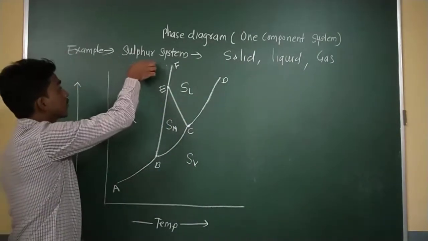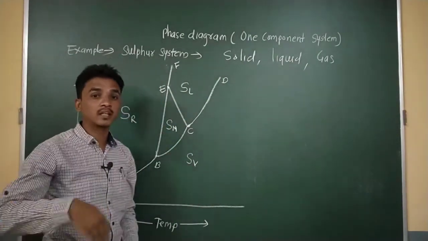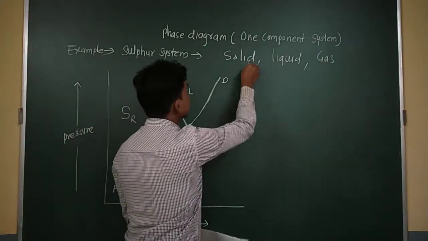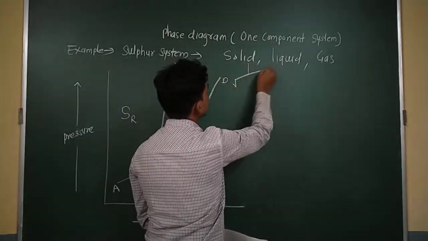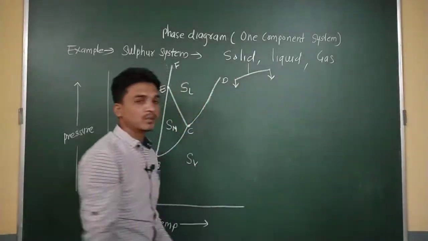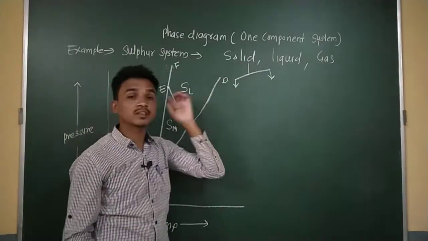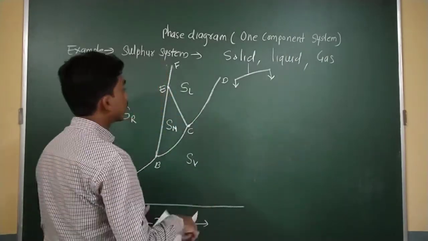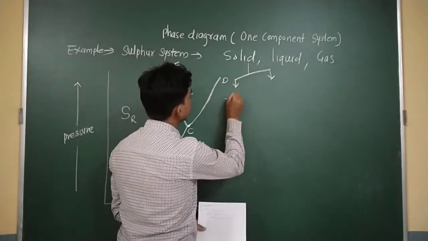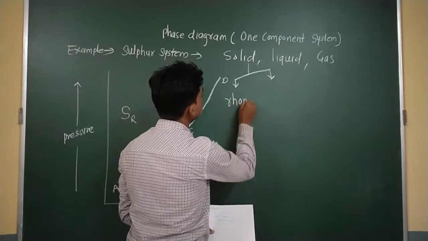But the difference between the sulfur system and water is that solid sulfur exists in two different crystal forms, and that form depends on the arrangement of the crystal.